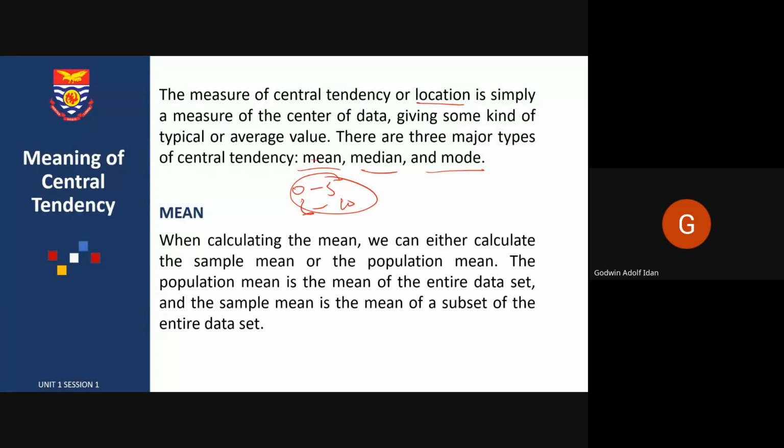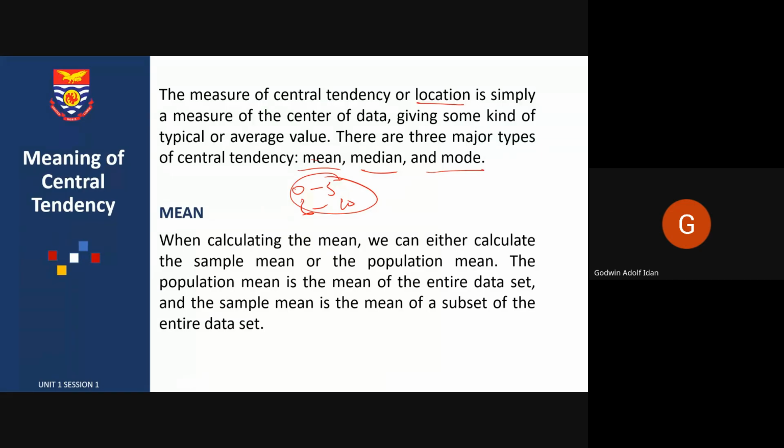By sample, we are looking at that part of the total elements that we want to study. And the population is looking at the totality of the elements within the particular area of study. So that is how we're going to go about it.